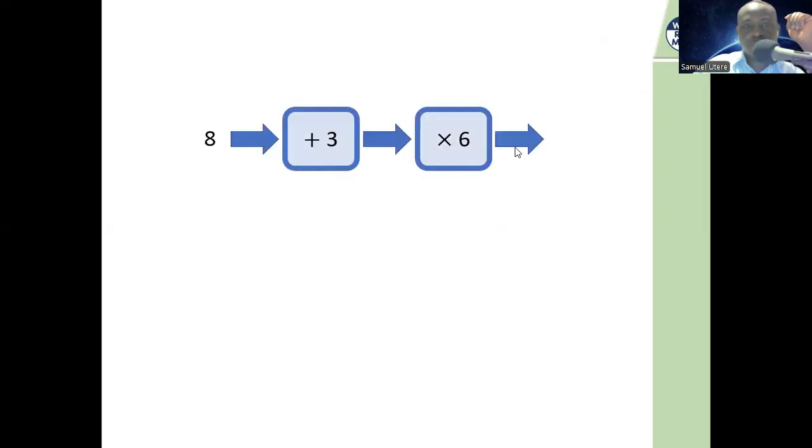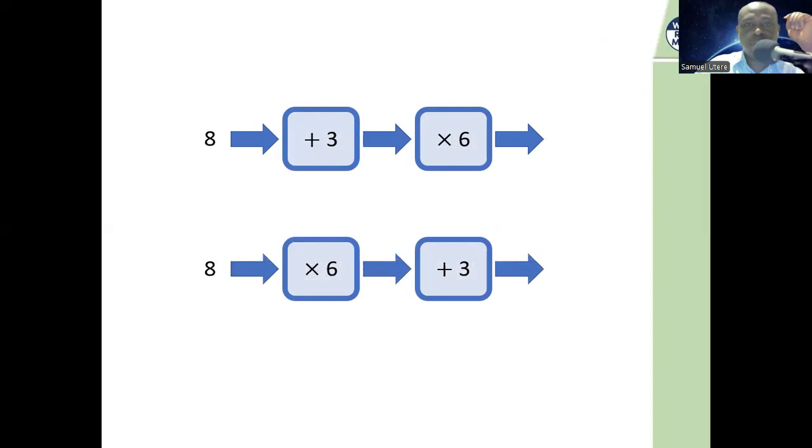What about this one? Here, we need to add 3 and then multiply by 6. And in the next one, we're multiplying by 6 and adding 3. I want you to think, do you think you would get the same or a different result? Do you think the order of operations will affect the result, or will it be the same?